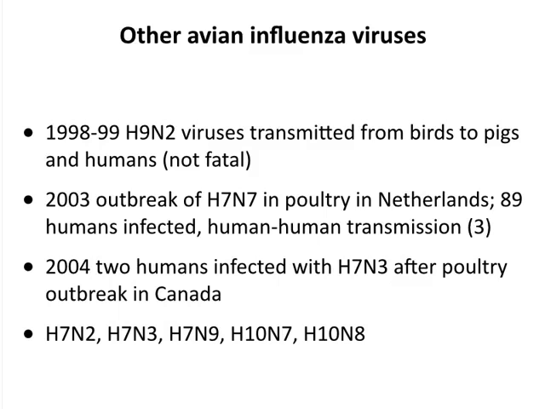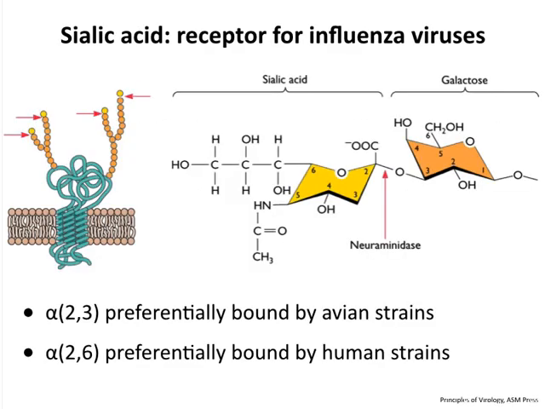There were 89 human infections and evidence for human-to-human transmission among 3 individuals. 2004, 2 humans infected with an H7N3 after an outbreak, again in poultry in Canada, so going from poultry to humans. And these are some other avian influenza viruses out there that are known to have caused infections in people. We'll talk about the H7N9 outbreak, which is currently ongoing in China, at the end of this session.